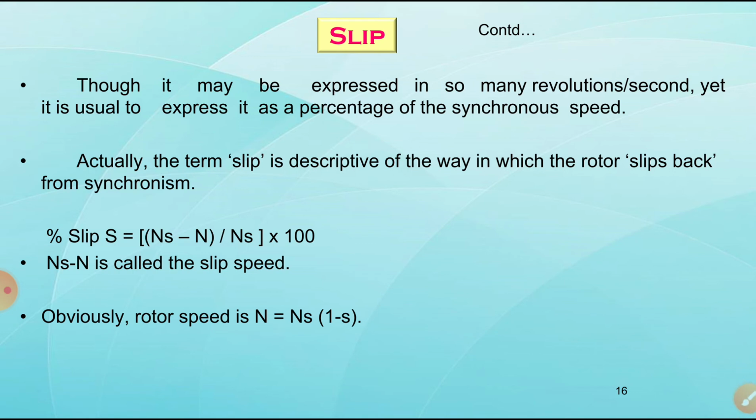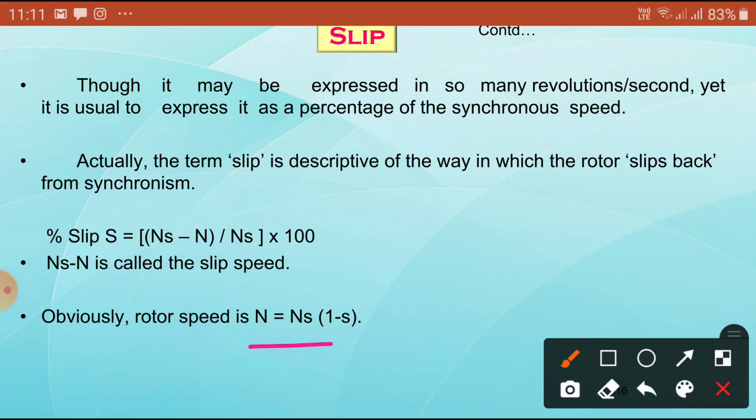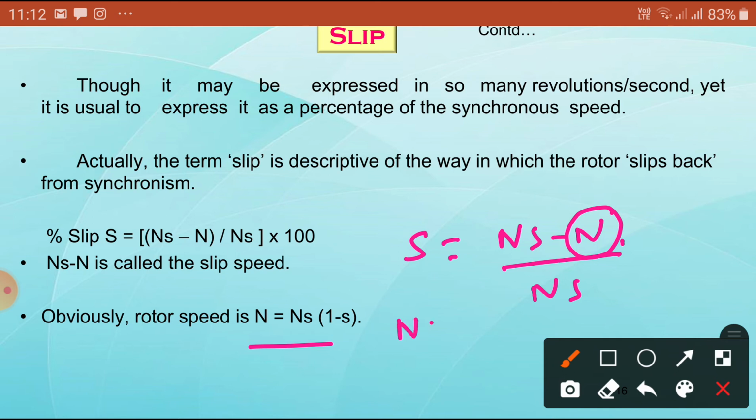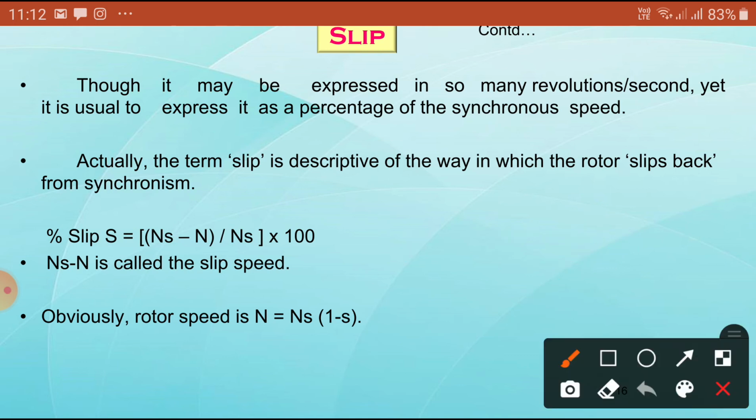Obviously, the rotor speed n is what we are going to derive now. How are we going to get it? We know that s is equal to (ns minus n) by ns. If I want to know the speed, I can rearrange it.